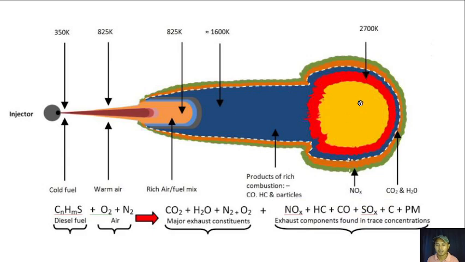At the tip part of the fuel flame, we have 2,700 Kelvin with NOx, CO2, and H2O production. Diesel fuel plus air will produce major exhaust constituents CO2, H2O, N2, and O2. We have exhaust components found in trace concentration: NOx, hydrocarbon, carbon monoxide, SOx, carbon, and PM, or particulate matter.